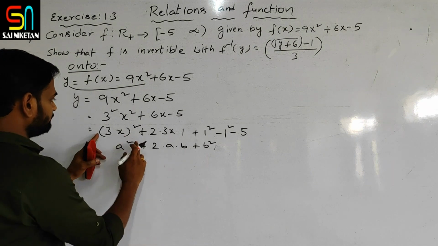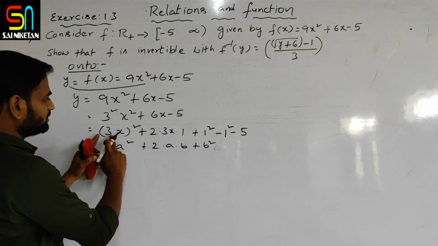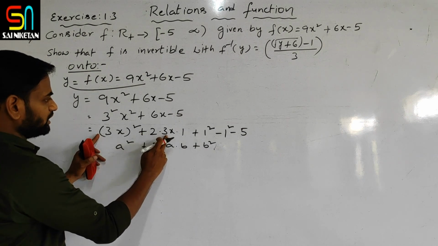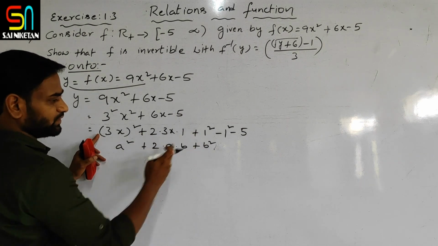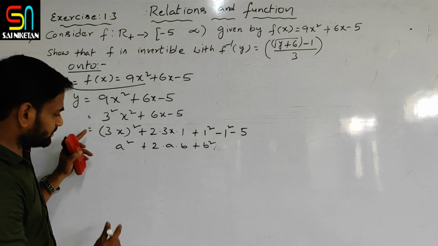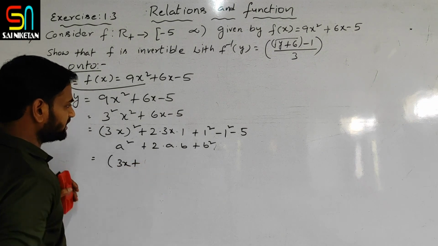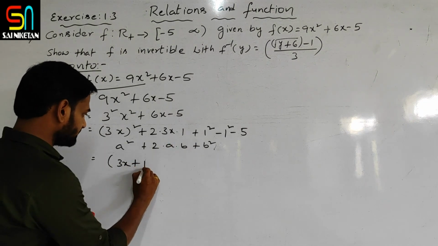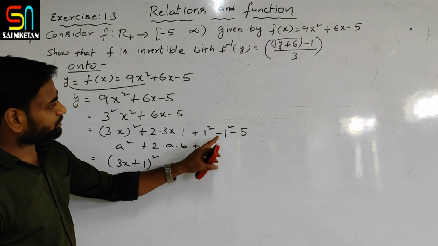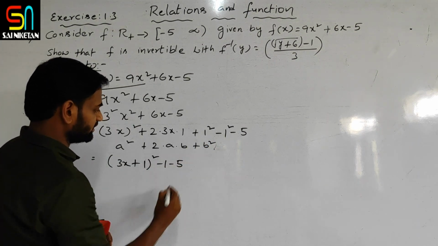Now observe from this term to this term: a square plus 2ab plus b square. What is the formula? (a plus b) whole square. So what is a? 3x, plus b is 1, whole square. Now what about this term? It is minus 1 minus 5.